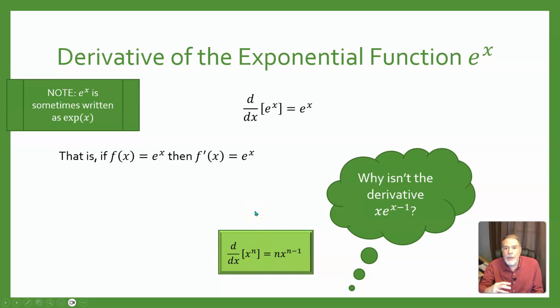So the variable that you're finding the derivative with respect to is the thing that's being raised to a power, and then the power is just a constant number, like 2 or 1 or 12 or whatever.